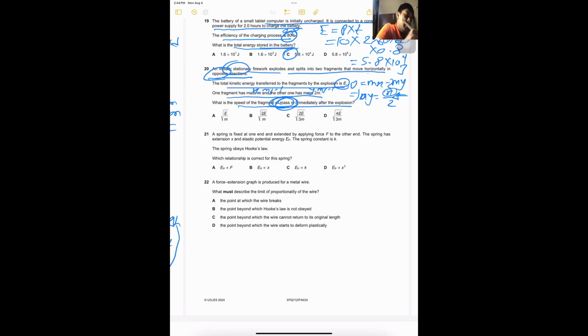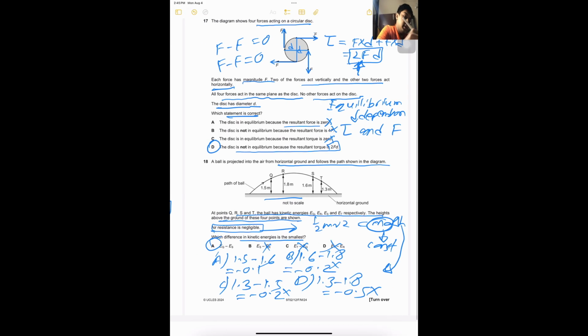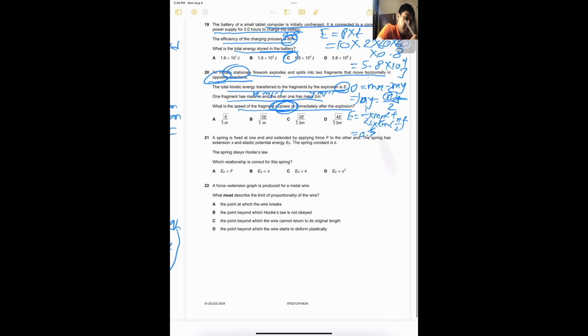Then we will use the kinetic energy. E is equal to half into mx squared plus half into 2m, x by 2 whole squared, which is 0.5 mx squared plus 0.5 into 0.5 whole squared, which is 0.75, 3 by 4 mx squared.